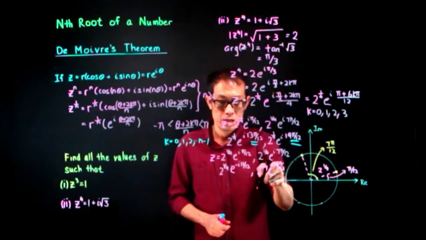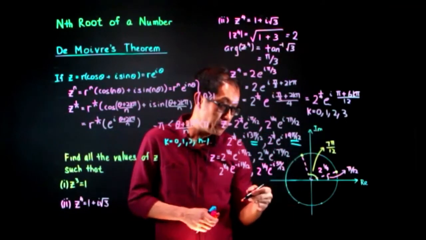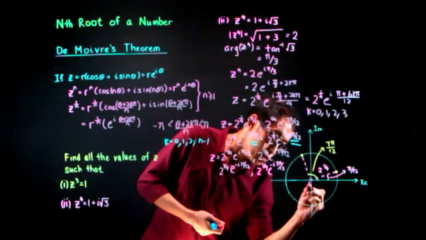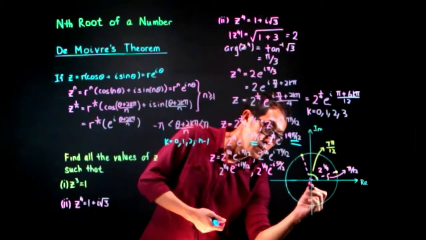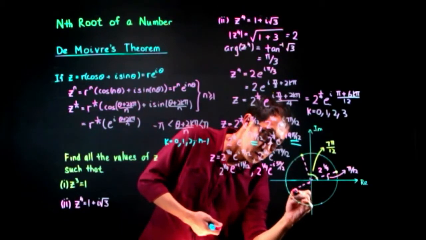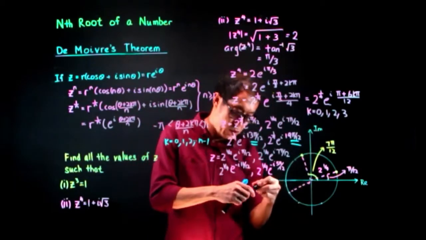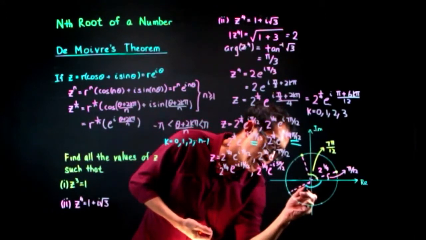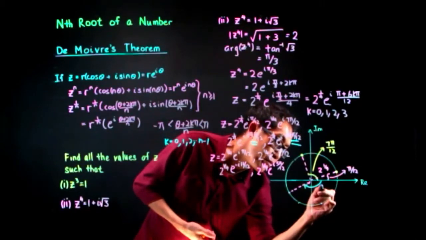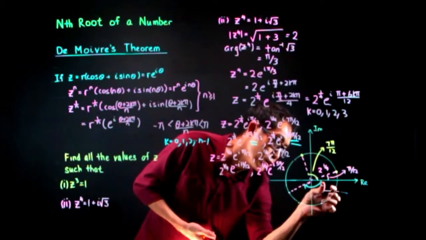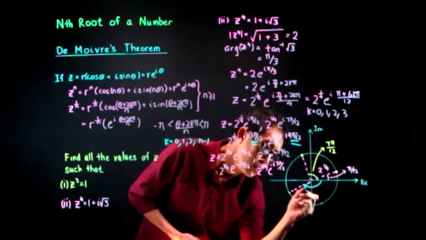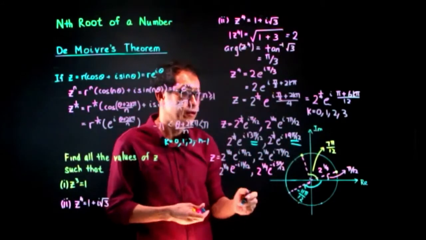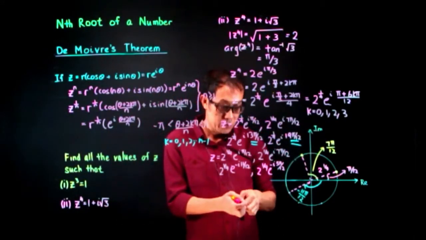Now, the third one is minus 11 pi over 12. So what is this angle? This is minus 11 pi over 12. Now how about the last one here?